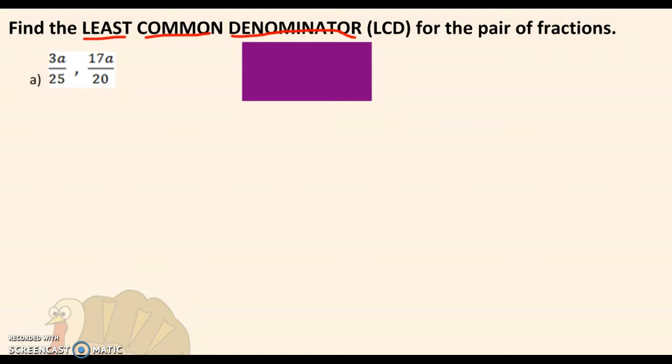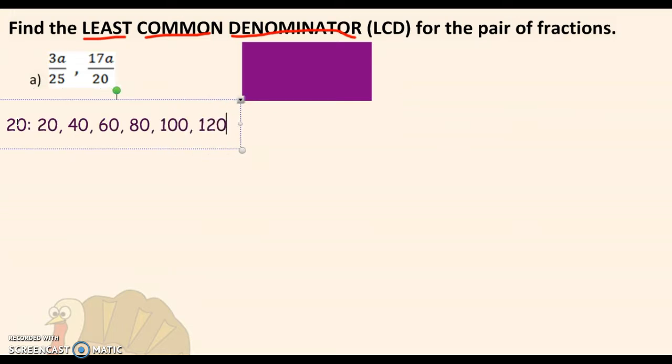So if you'd like to employ this strategy that we had and start looking at the multiples, you can do that. So multiples of 20 are 20, 40, 60, 80, 100, 120. And the multiples of 25, so think about when I do multiples of 25, I think about a quarter. And if I have 1 quarter, that's 25. 2 quarters is 50. 3 quarters is 75. 4 quarters is a whole dollar.